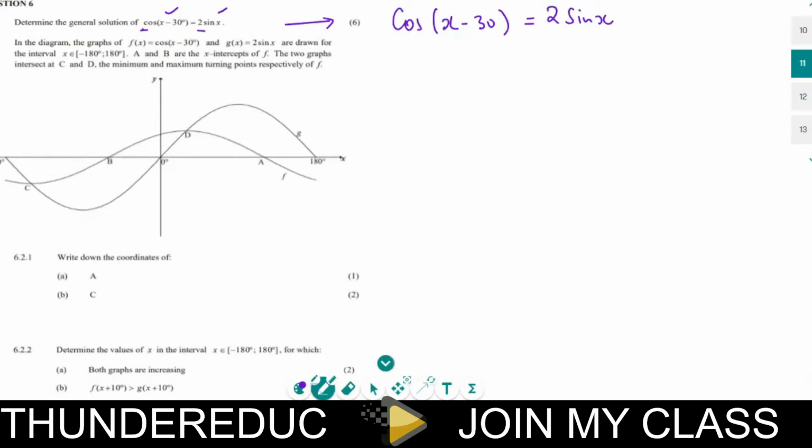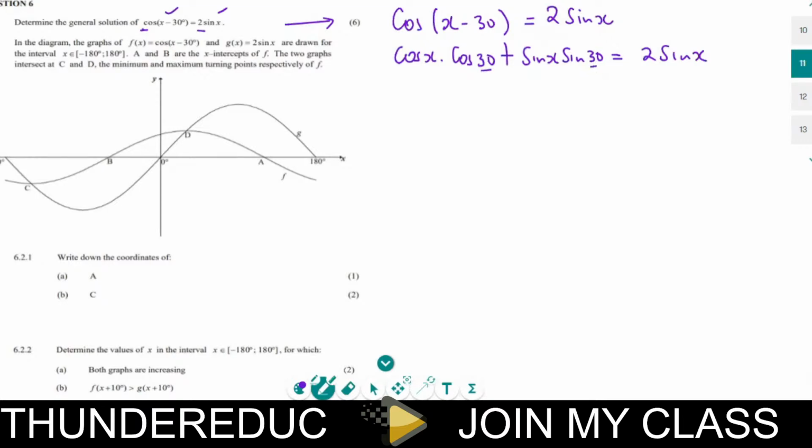So this is the cos, and I can expand this using my compound angles. So that's going to be cos x cos 30, since there's a minus, it will be a plus, sine x sine 30, is equal to 2 sine x. Then I can see that 30 is a special angle, so I can easily determine the values.